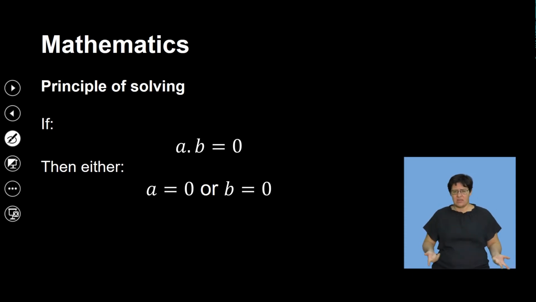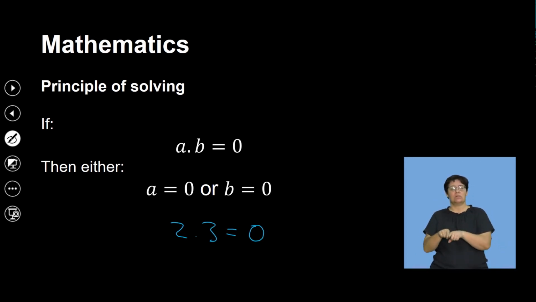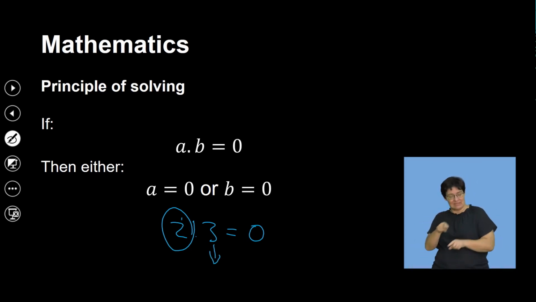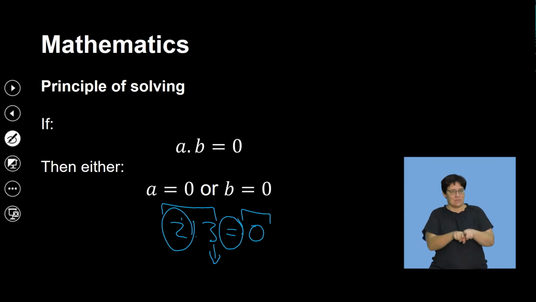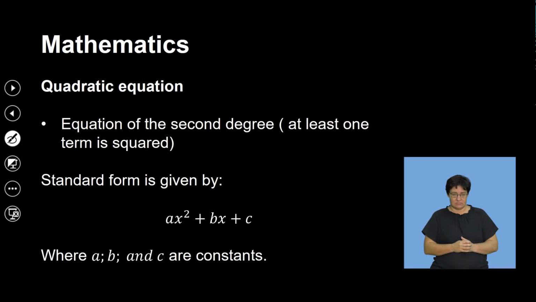If I say 2 multiplied by 3 is equal to 0, it means the 2 definitely needs to be 0, so that when I multiply with the 3 I get a 0, or the 3 needs to be the 0, so that when I multiply it with the 2 it gives me a 0. Because remember, this equal sign means that you are talking about a relationship between these two sides, that they must be exactly the same. They must both amount to 0.